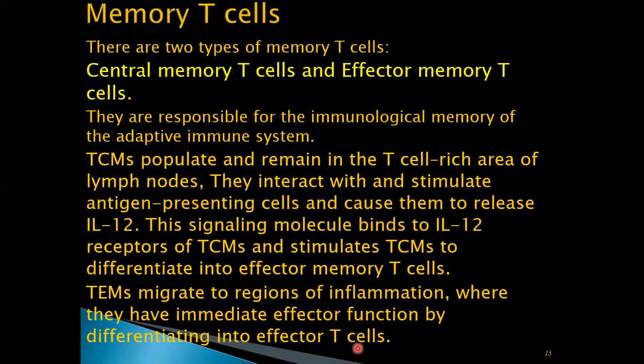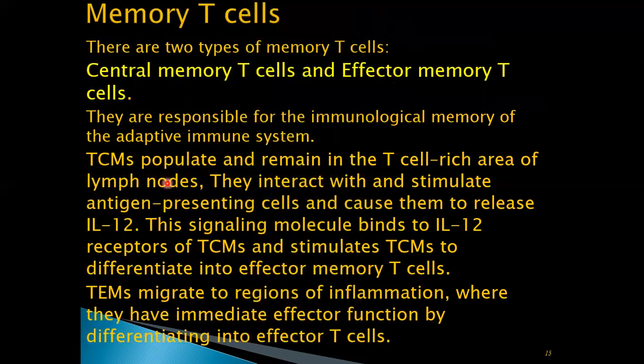When they become activated, they transform into memory T cells and effector T cells, just like B cells. There are 2 types of memory T cells: central memory T cells and effector memory T cells. They are responsible for the immunological memory of the acquired, or adaptive, immune system. The central memory T cells remain in the T cell rich area of the lymph nodes.